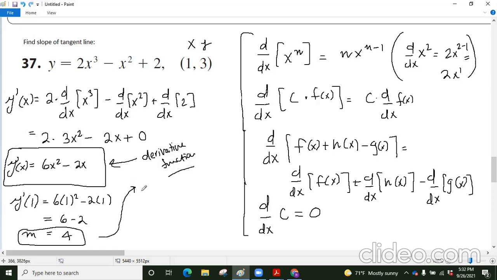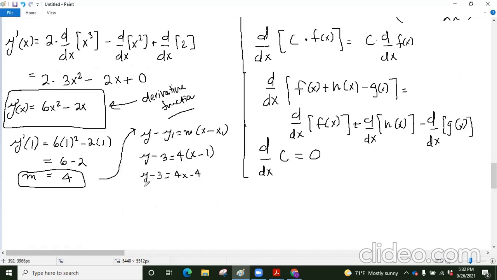And then you can do y minus y1 equals m times x minus x1. So you have your y, and then subtract y1, which is 3, equals 4, and then x minus x1, which we know is 1. And so y minus 3 equals 4x minus 4. y equals 4x plus, minus 1, I want to say.